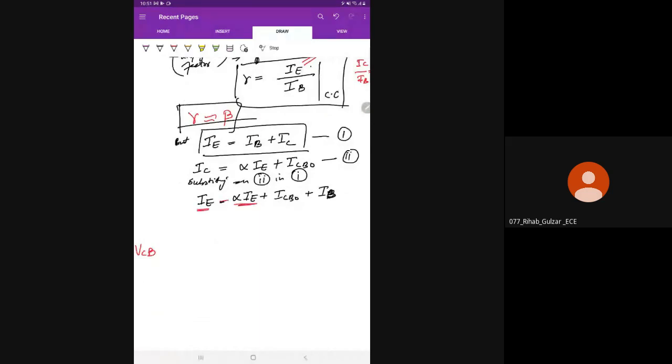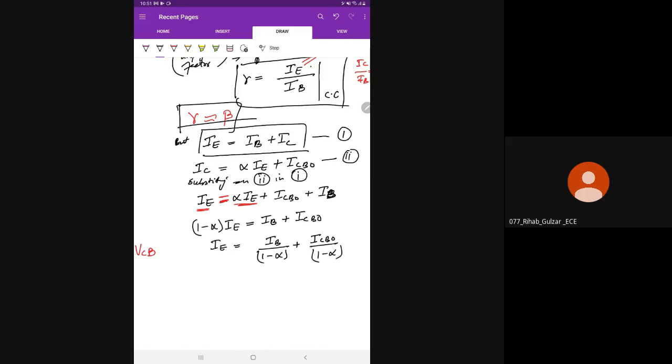So we have IE on left hand side, then we have one term on right hand side. If we rearrange them, on left hand side we will be left with 1 minus alpha into IE. It is equal to IB plus ICBO. Or we can say that IE is equal to IB divided by 1 minus alpha plus ICBO divided by 1 minus alpha.